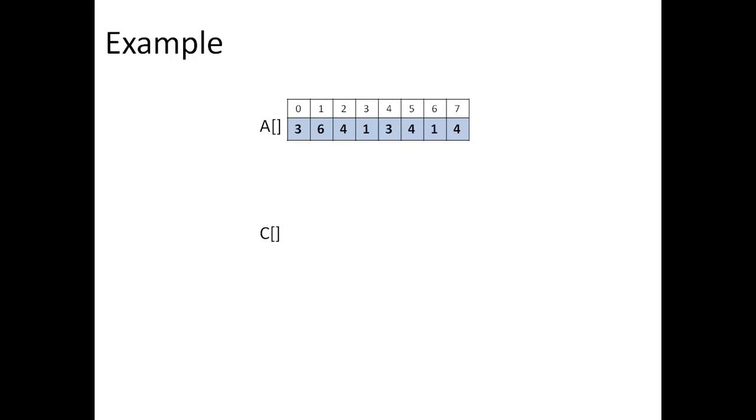Also, if we look at all these numbers, then they are lying in the range of 1 to 6. Therefore, the value of k is equal to 6 and the value of n is equal to 8.